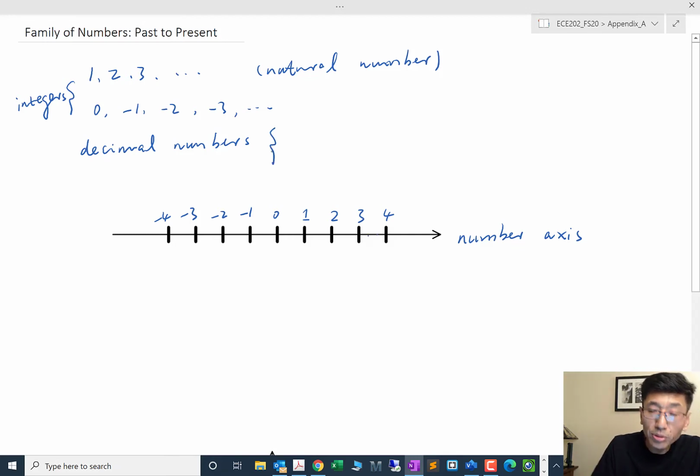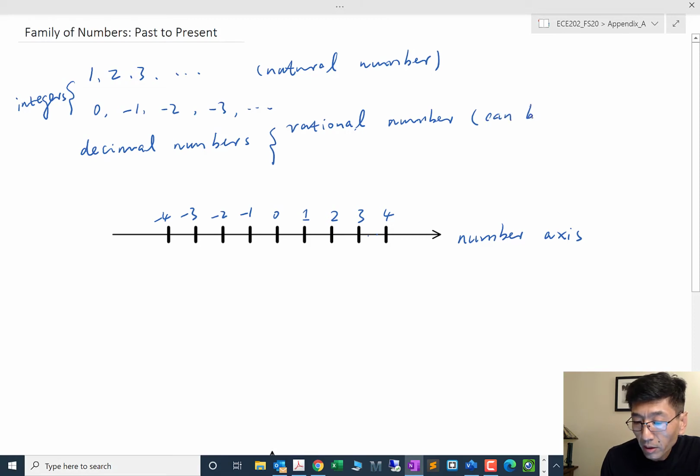This has two different flavors. One flavor is the rational numbers, those that can be expressed as a ratio of integers, right?